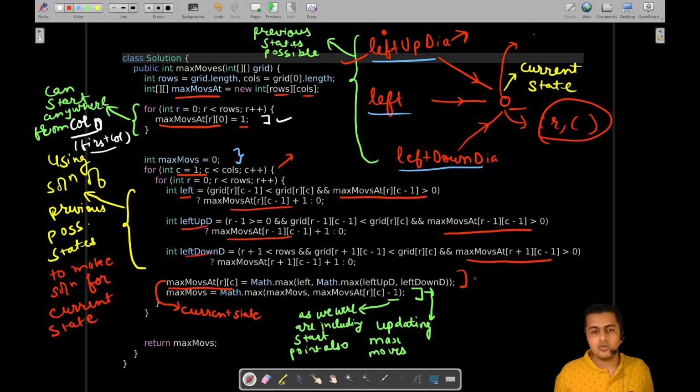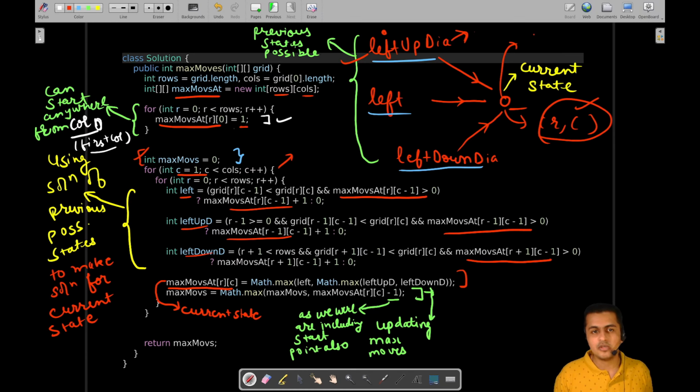Once you have found the current state's maximum moves, which is the maximum number of moves possible at the current cell, you update your overall maximum number of moves. We subtract one because we were considering the starting point also in our moves.